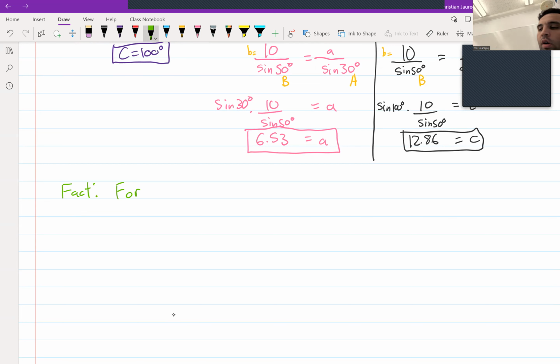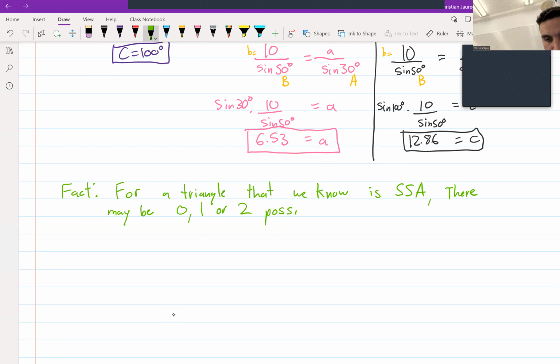For a triangle that we know is side-side-angle, right? You know the side, the next side, and then you know the angle. There may be 0, 1, or 2 possible triangles.